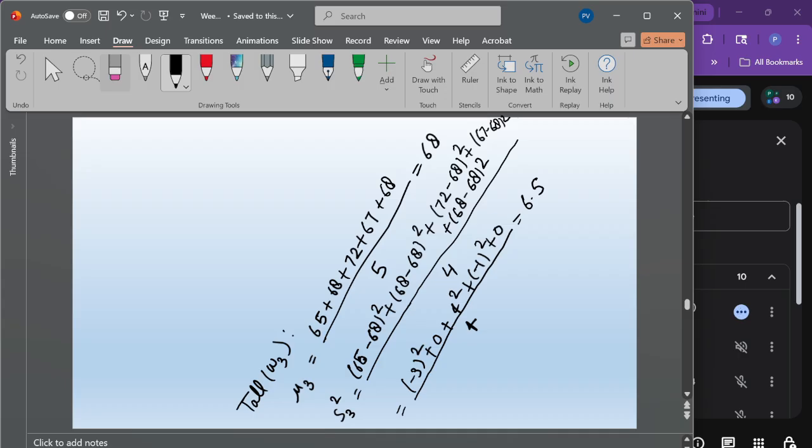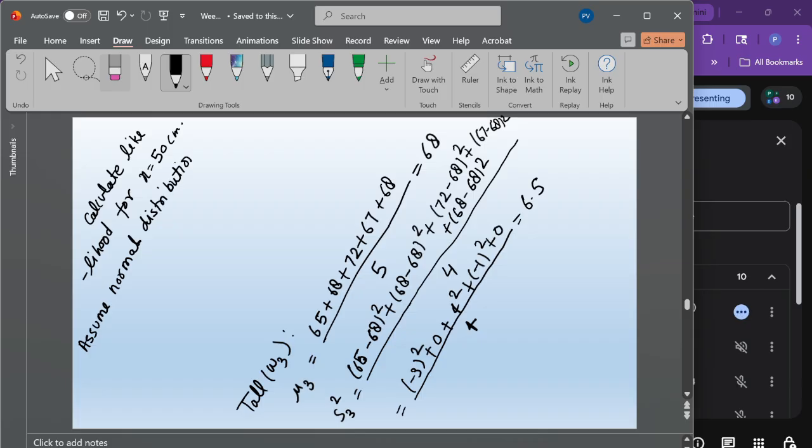Okay. Now we need to calculate the likelihood for x equal to 50 centimeters. So we will assume here a normal distribution for each class.